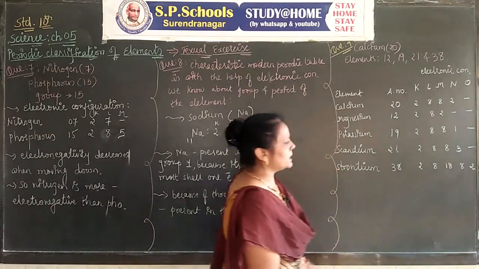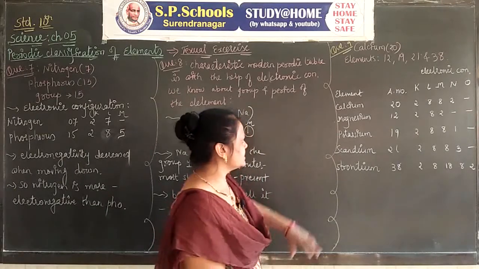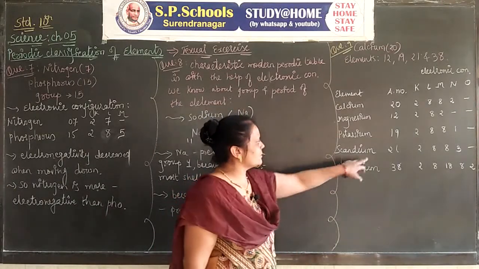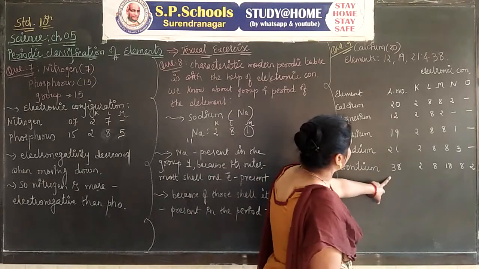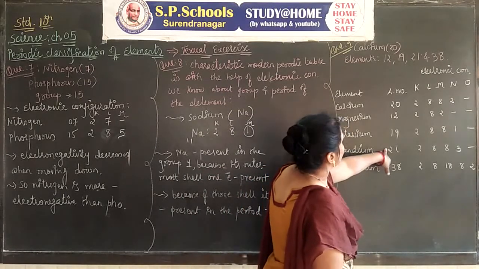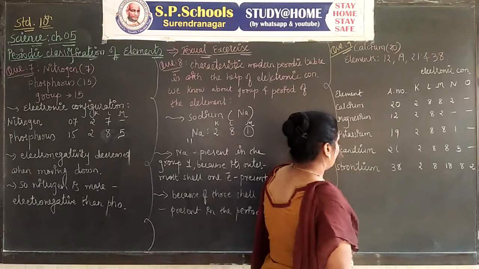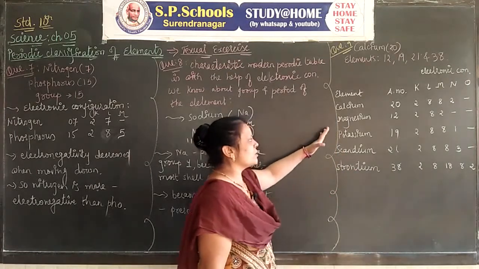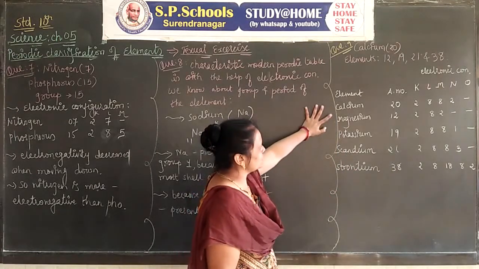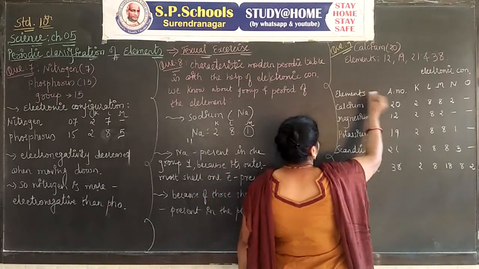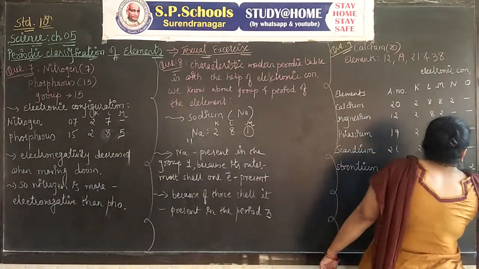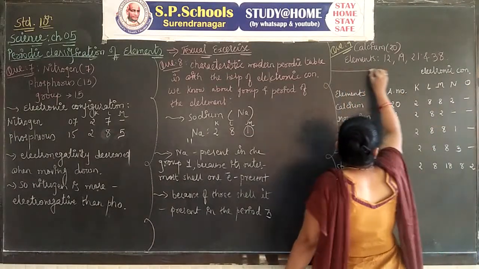You have to remember about 2 elements, scandium and strontium, which have atomic number 21 and 38. The other elements we already know: calcium, magnesium and potassium. Let's make a table.